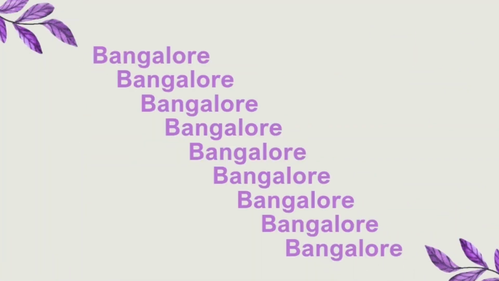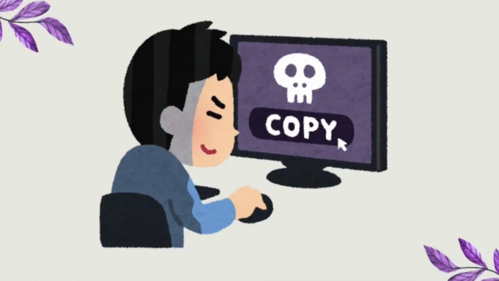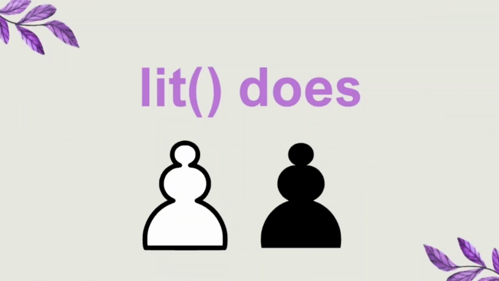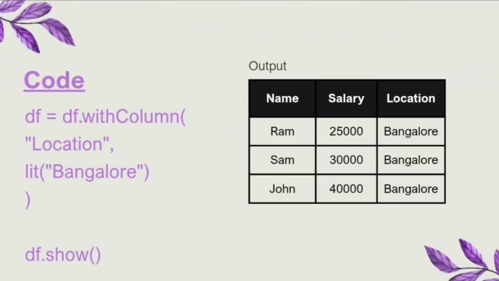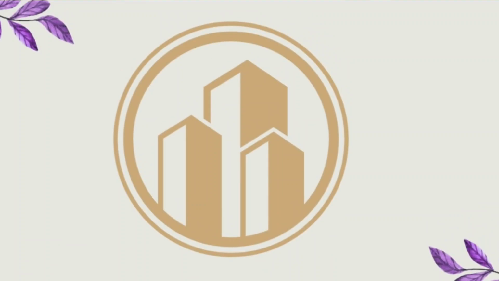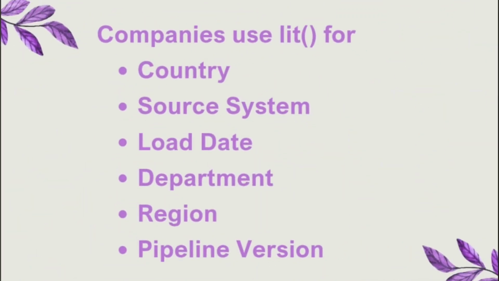Instead of writing Bangalore manually every time, we simply code the same value. That's exactly what lit does. See this code. Here notice every single row got Bangalore. Exactly the same value. Company example. Companies use lit for country, source system, load date, department, and pipeline version. These are very common.